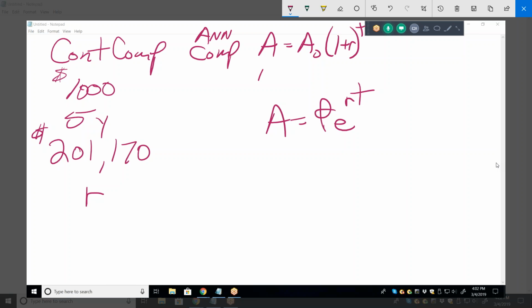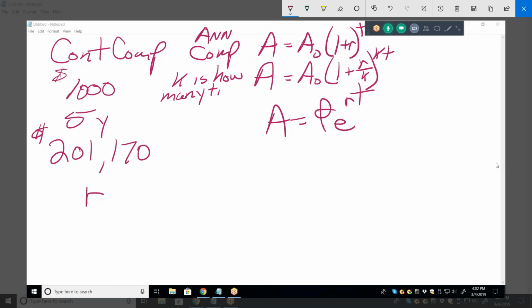And the middle one is A equals A sub 0 times 1 plus r over k, to the power of k t, where k is how many times a year it's compounded. But if it's continuous, then wouldn't it have to be the last one? Correct. And notice that continuous means k is infinite.